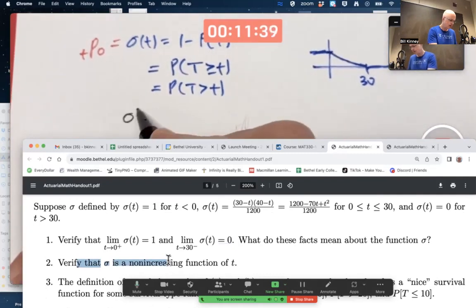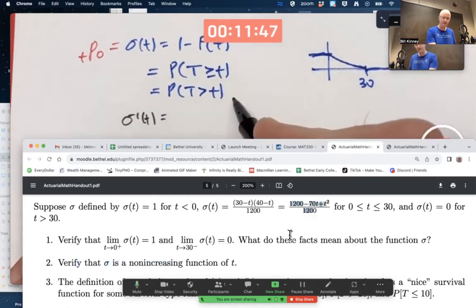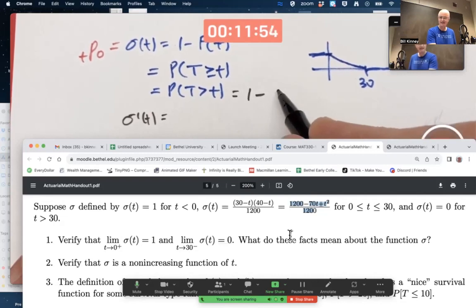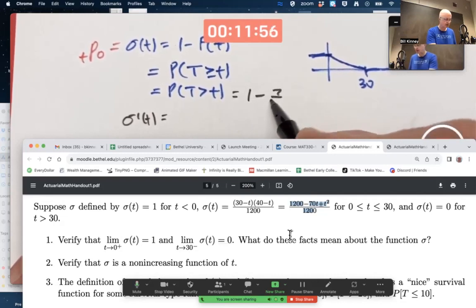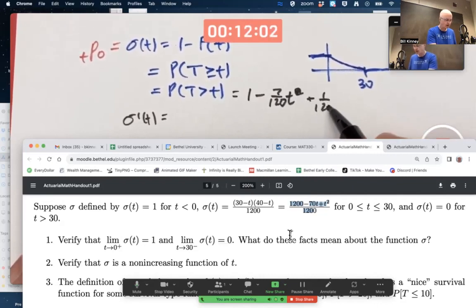Sigma prime of t. Probably best to use this expanded form. And maybe we want to even write that not as one fraction. You know, you'd have 1200 over 1200 would be 1, minus 70 over 1200 would be 7 over 120 t squared, or excuse me, t, plus 1 over 1200 t squared would be the expanded form of that, not as one fraction.